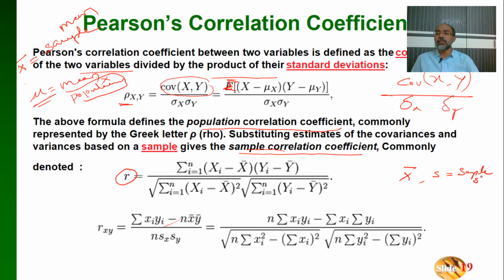So mu and sigma for standard deviation are for the population.